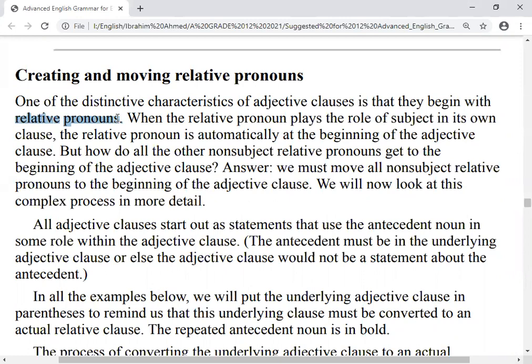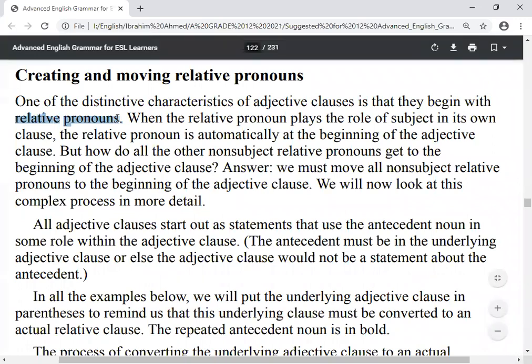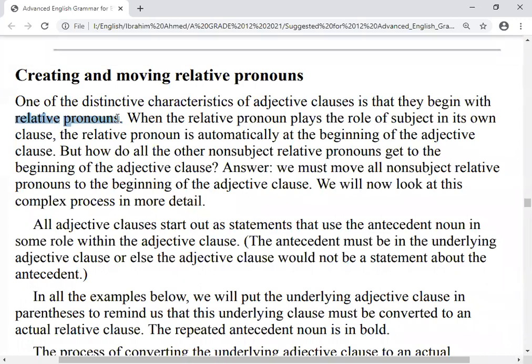When the relative pronoun plays the role of subject in its own clause, the relative pronoun is automatically at the beginning of the adjective clause. Again, when it plays the role of the subject, it comes at the beginning of the adjective clause.